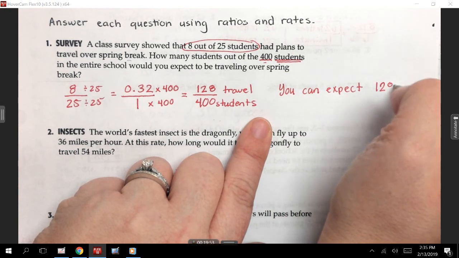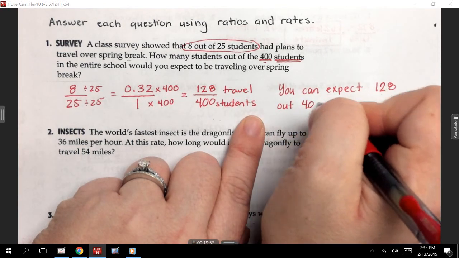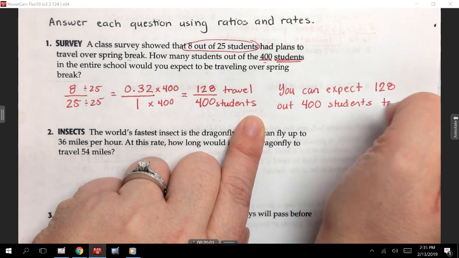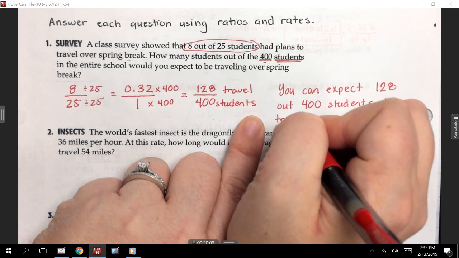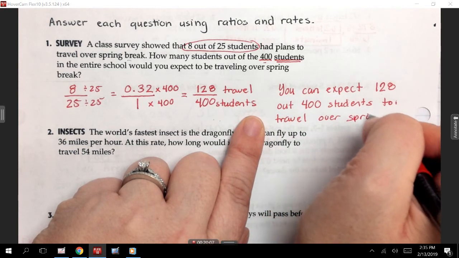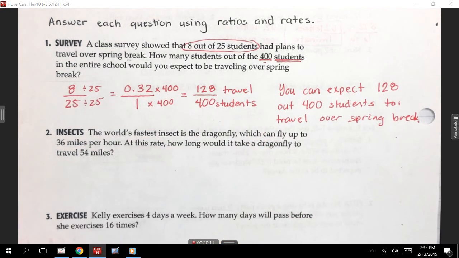You can expect 128 out of 400 students to travel over spring break. All right. Maddie, your sentence was great as well. Typically, if we were going to word that, we would put this 128 out of the 400 together. If you do put it at the end, I won't count off for that.